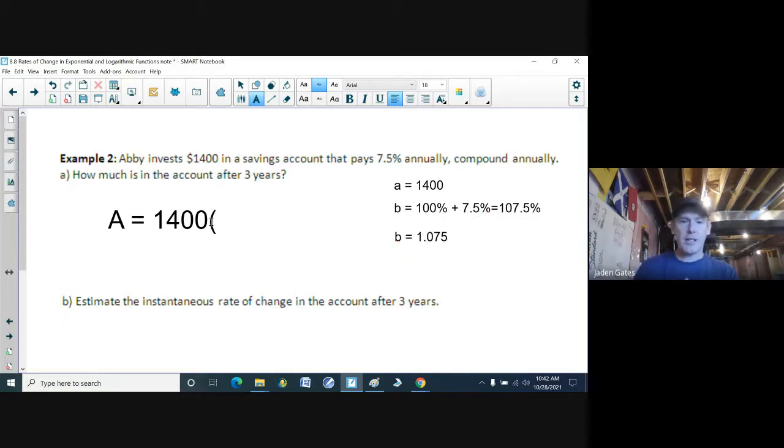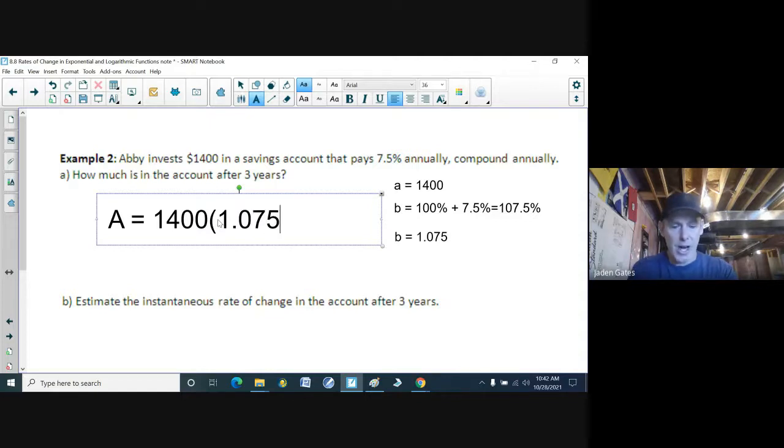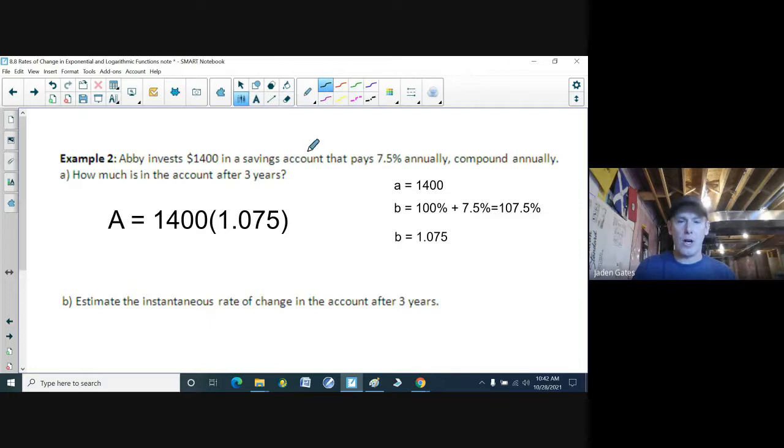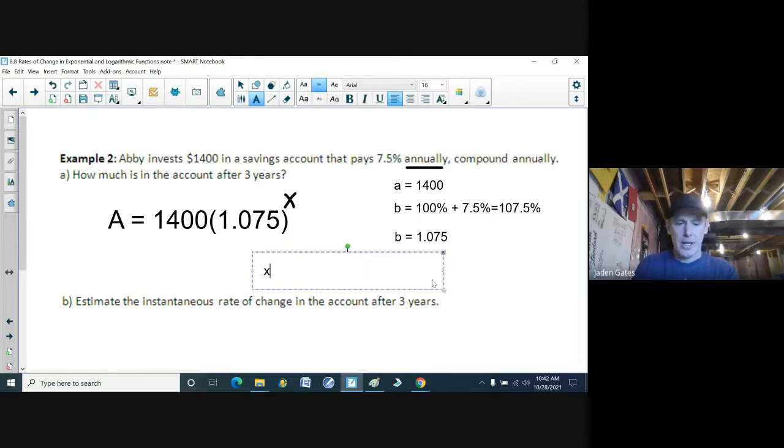And so that is my multiplying factor. There we go. So my multiplying factor is 1.075. And again, it's always going to be to the power of x, where, because it's annual, x is the number of years.